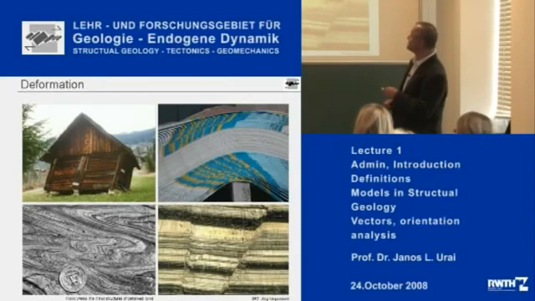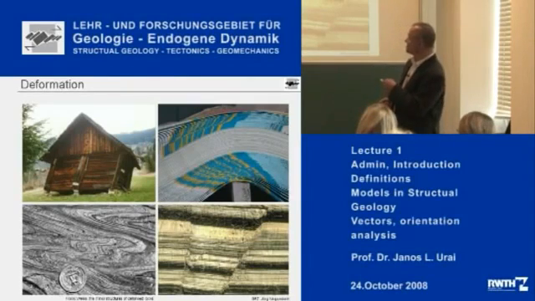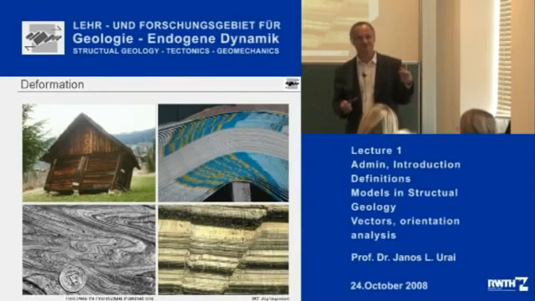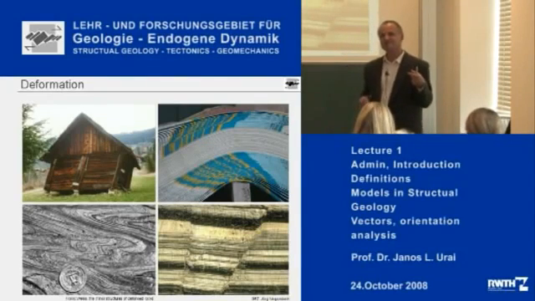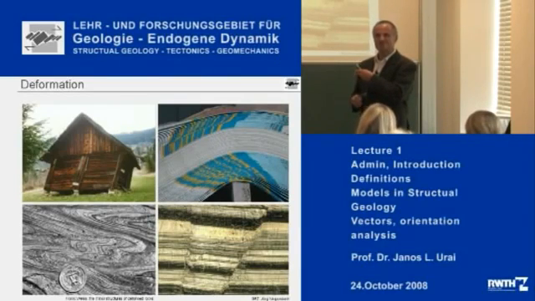And now you can ask yourself the question, is this deformation homogeneous? Well, I would say no, it's not homogeneous, because the deformation here is clearly very different from there. One thing that will come back many times in these lectures is that the reason that you can say that this deformation is heterogeneous is because you know how the house looked like before it was deformed.